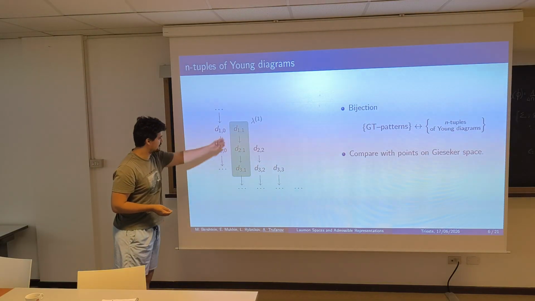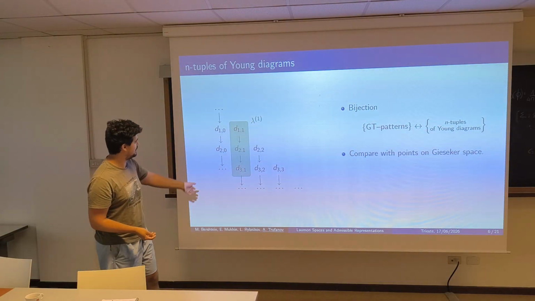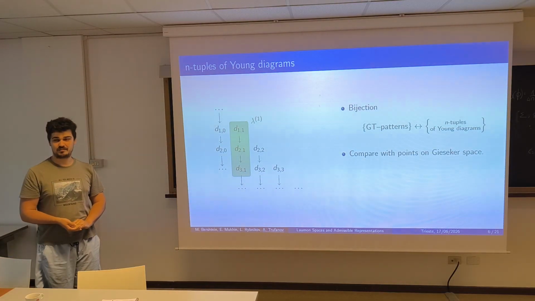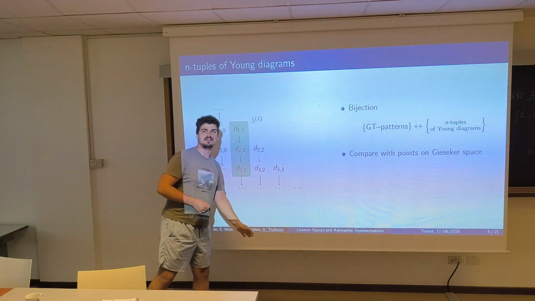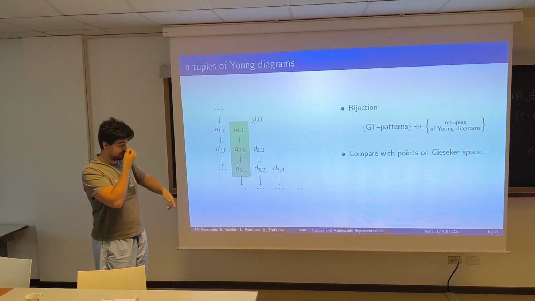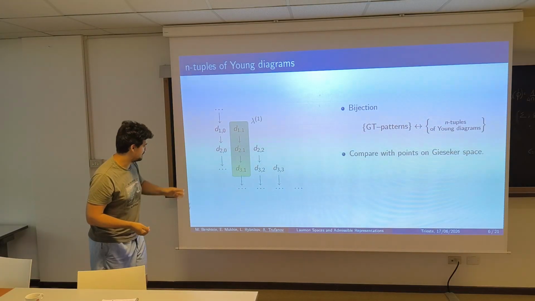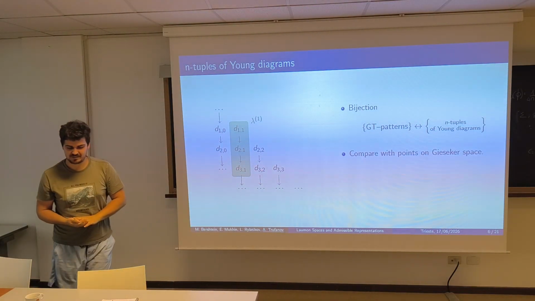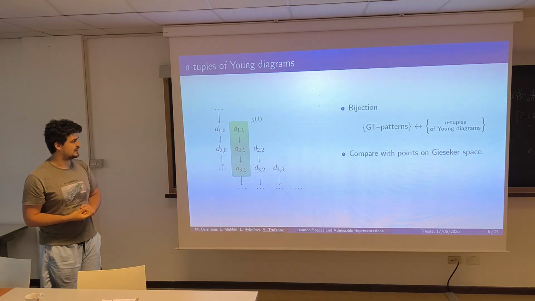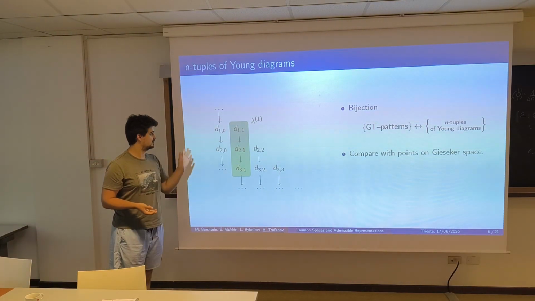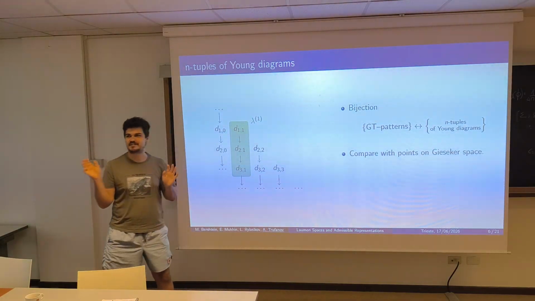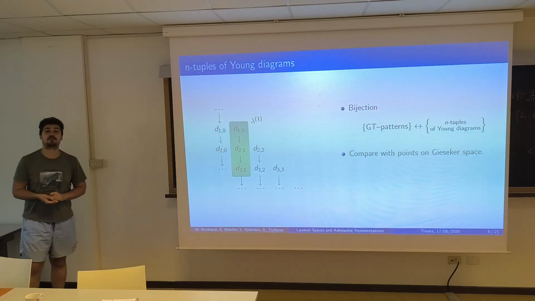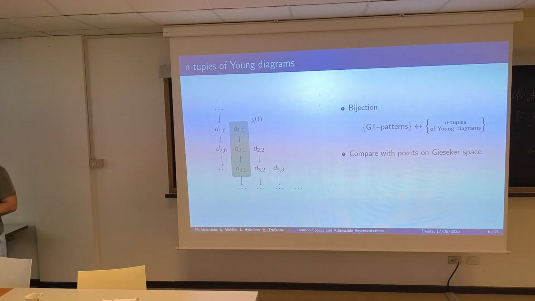Choose one column, and it will appear to be just a Young diagram. Then we have n Young diagrams like that, and then they start to reappear, I mean, we have periodicity. So n-tuples of Young diagrams are in one-to-one correspondence with our GT patterns, just a weird way to encode them, for some reason we want. Okay, so what's next?